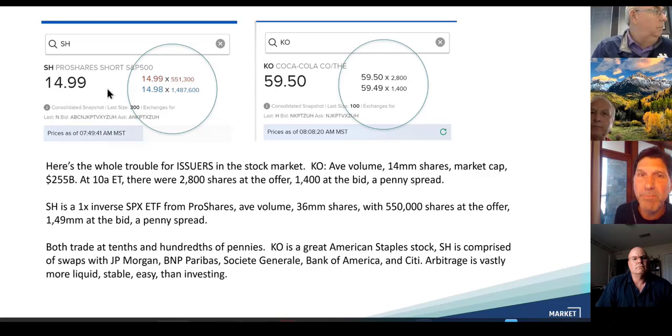You know what SH is backed by? Five swaps with JP Morgan, BNP Paribas, Societe Generale, Bank of America, and Citi. There's not even any assets. They're a 1-day swap where the banks promise to provide -1 times the performance of the S&P 500.